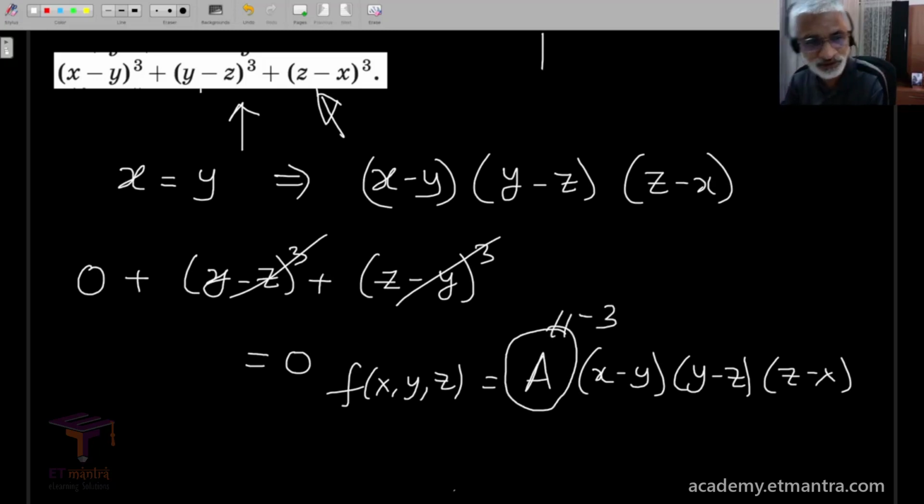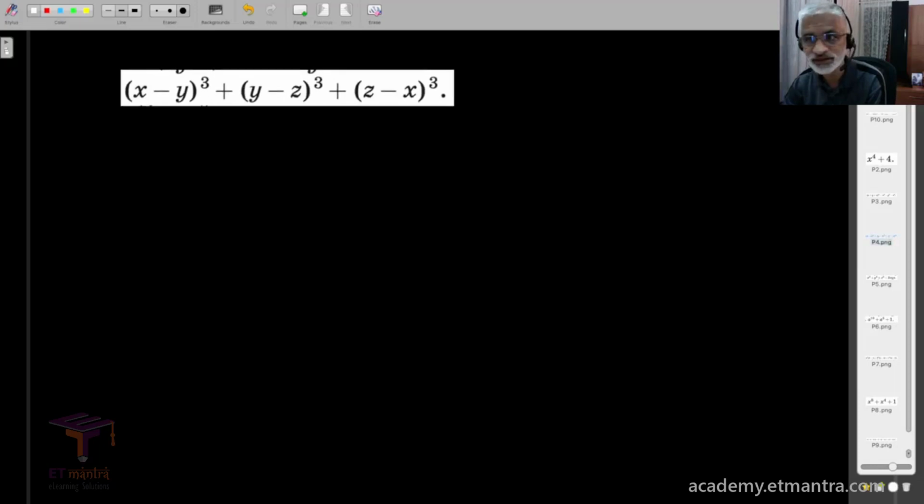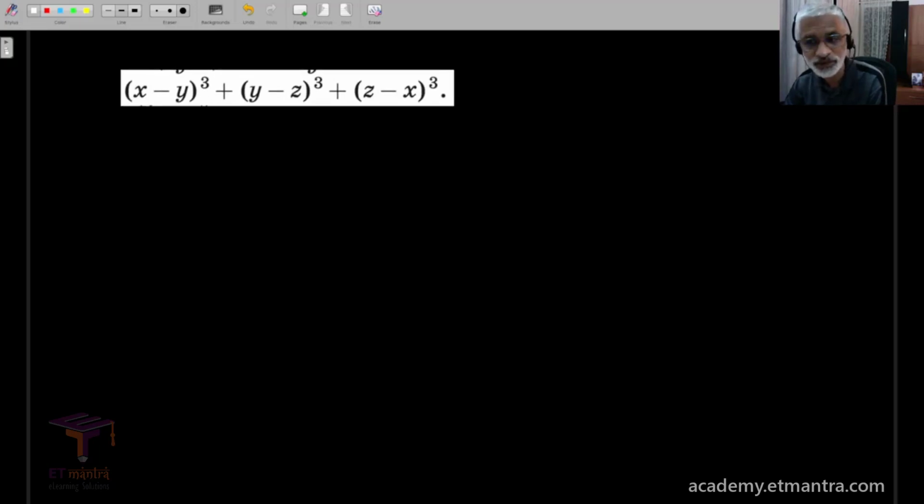So this was very similar to one of the problems discussed earlier, but the last method that I'm going to discuss is definitely, if you're looking at it for the first time, something you must look up, and it's a very important concept in basic algebra. So let me talk about it.